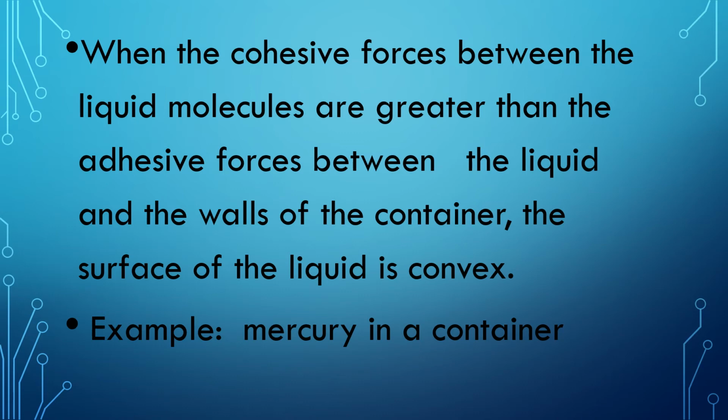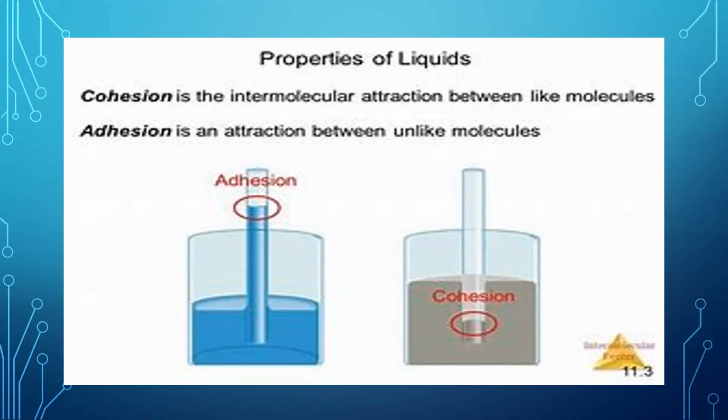If mas greater naman ang cohesive forces, mas malakas kaysa kay adhesive, it will form a convex, just like mercury. Ayan siya. Nag-form ng concave, and convex. So, that explains the property of the liquid of cohesion and adhesion.